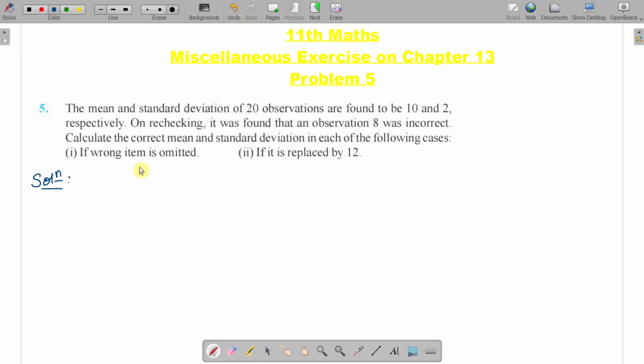So, first of all we have to consider the incorrect mean. The incorrect mean is 10, right. Now, this implies, how to find the mean?